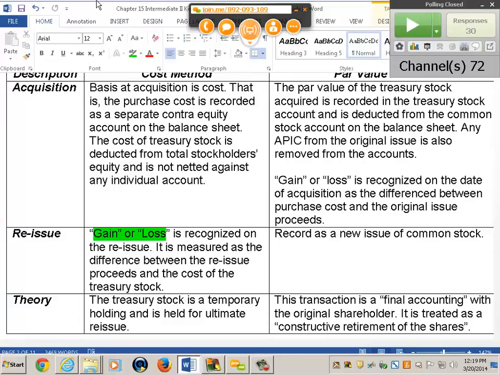So the gains and losses do not go into income. These are classified as capital transactions. These are items of profit and loss that technically will flow through paid-in capital or retained earnings. They will not go on the income statement because they involve the company's own equity shares.